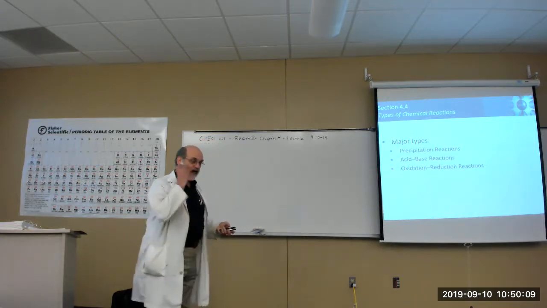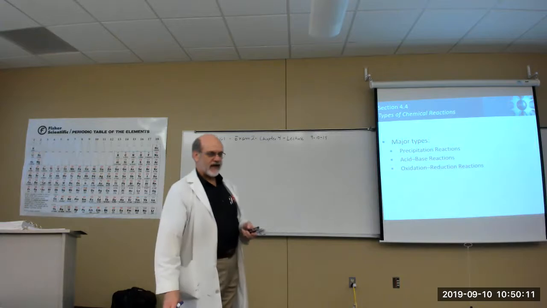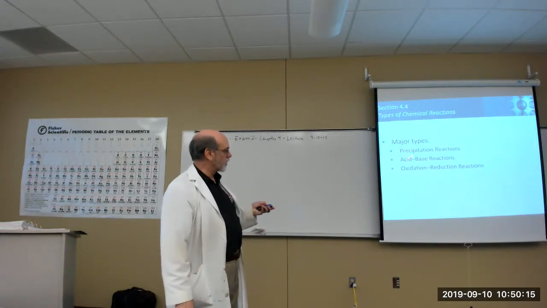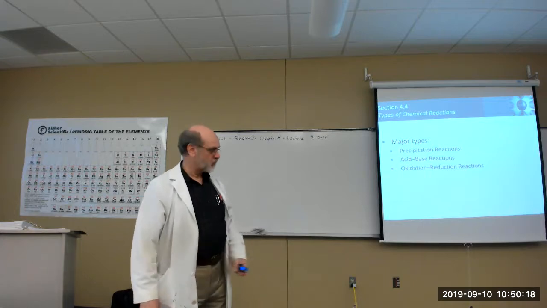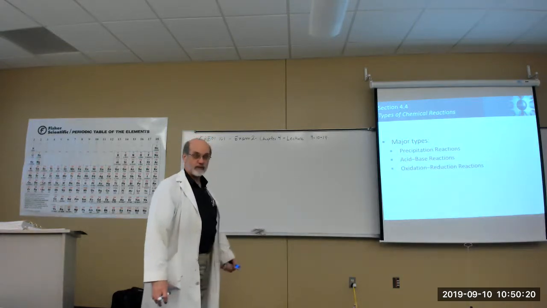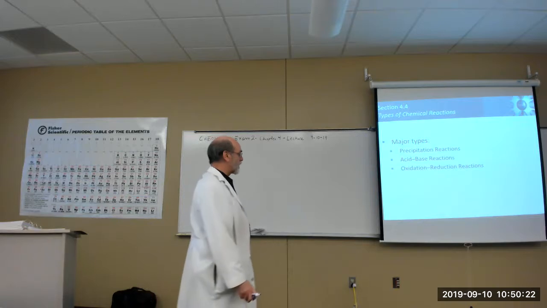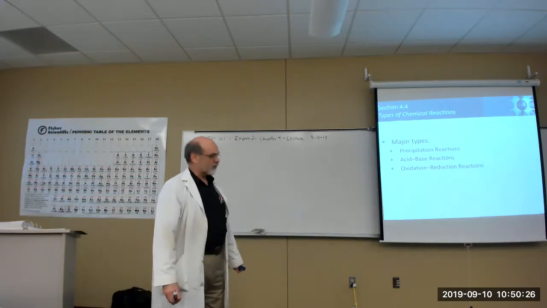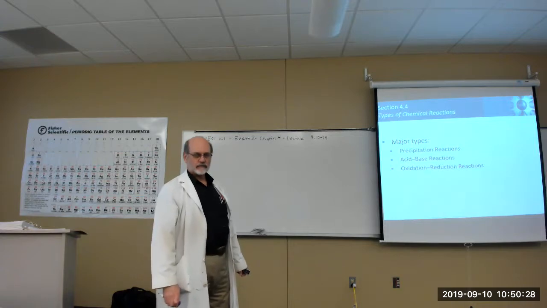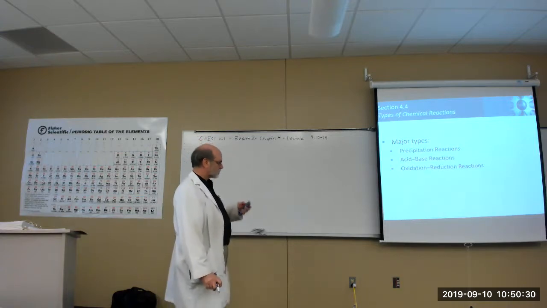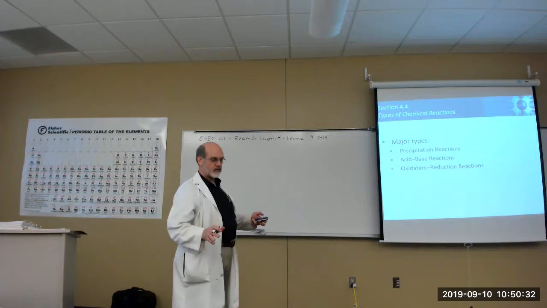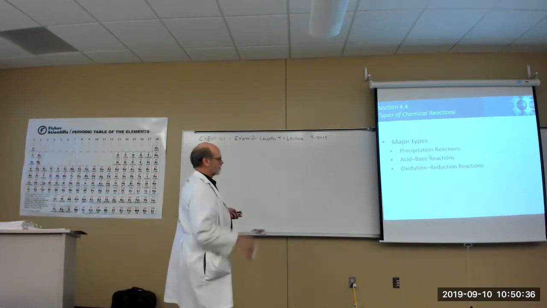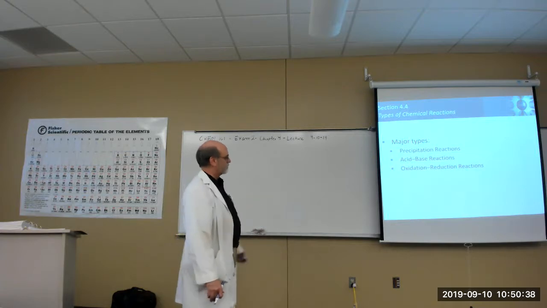The other point is that many reactions can be characterized by more than one of these. We could have an acid-base reaction that produces a precipitate, or we could have an oxidation-reduction reaction that also serves as an acid-base reaction. There are many other types of descriptive terms for reactions, but for now we're going to focus on these three.